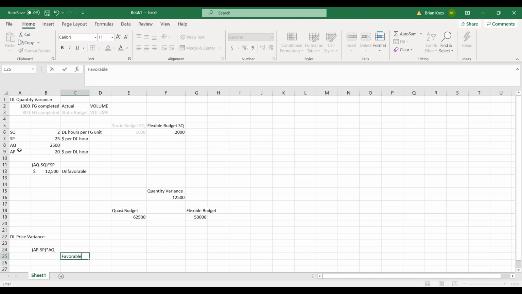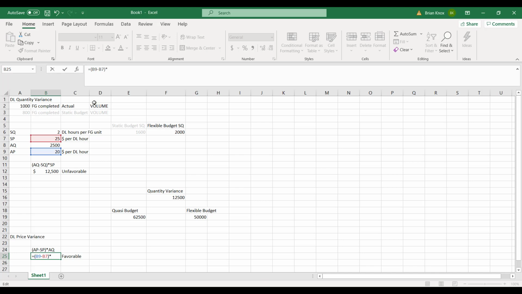So we already know it's going to be favorable because, like I said, we're comparing the actual price we paid per direct labor hour to the standard or budgeted price of $25 per direct labor hour. So we paid less. That's favorable for the company. Okay, we can go ahead and incorporate that into our equation formula here. We have actual price minus the standard price, and we'll put the parentheses in here.